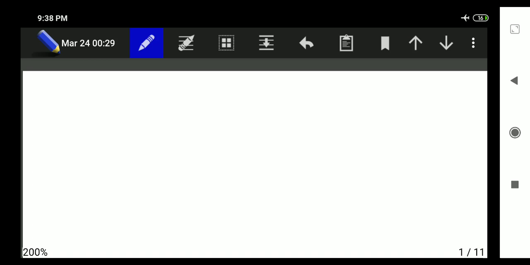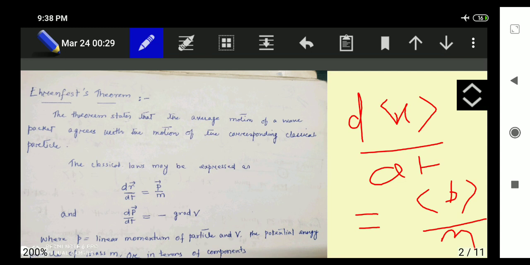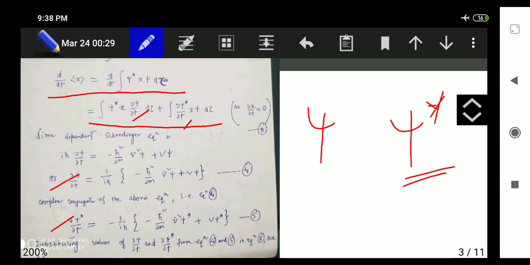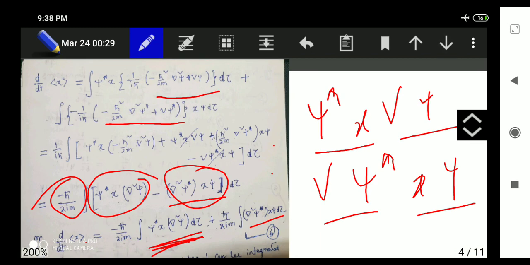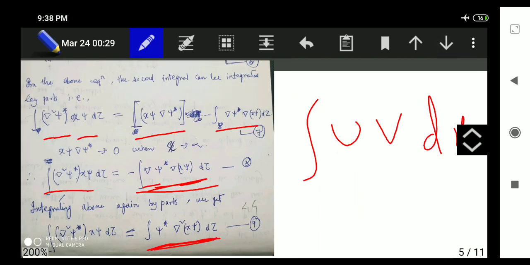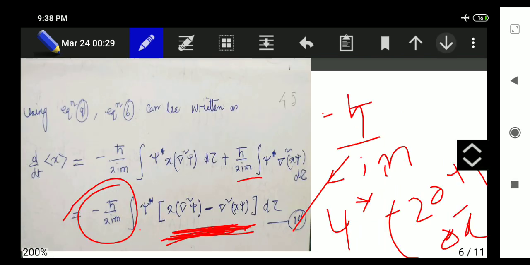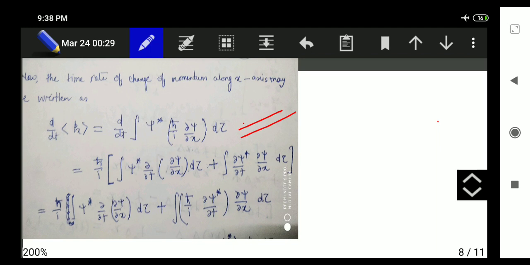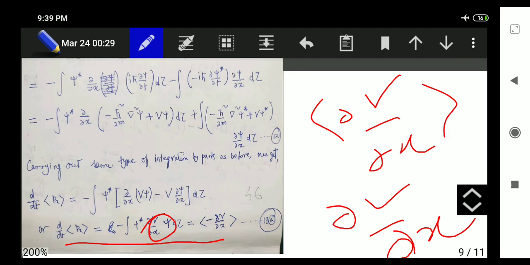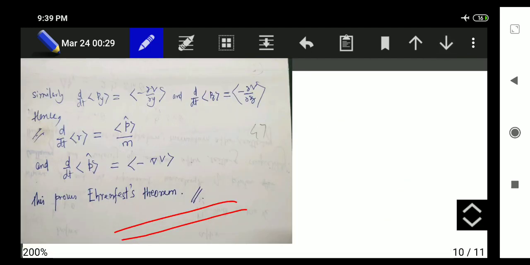Then we discussed the Ehrenfest theorem and some step-by-step calculation for the first part. As I explained the first part, I assume that you can complete the second part by yourself, and you can take the help of my calculation steps here. I hope you can calculate that. It's not that difficult. So thank you very much.